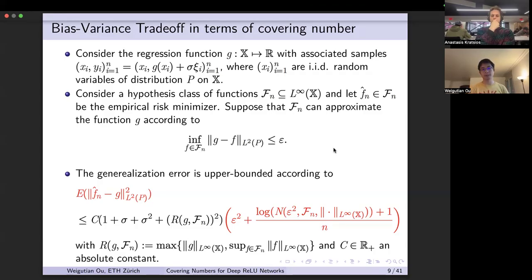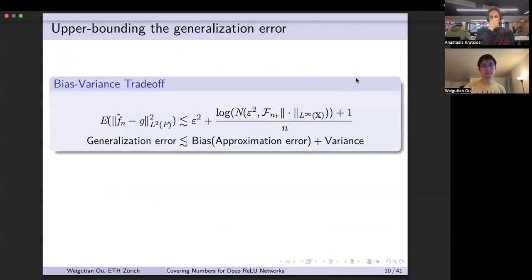Here, the first red term is the expected generalization error, and the second red term is the sum of the bias and variance. Let's focus on this inequality for now. So the generalization error can be upper bounded by the bias, measured by the approximation error, plus the variance, measured by the logarithm of the covering number over n.